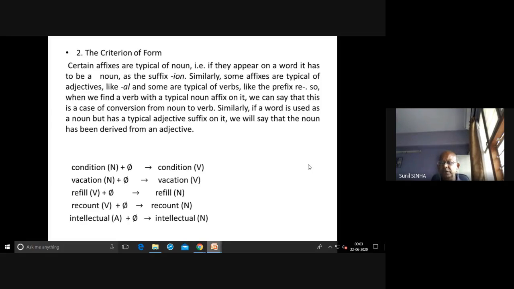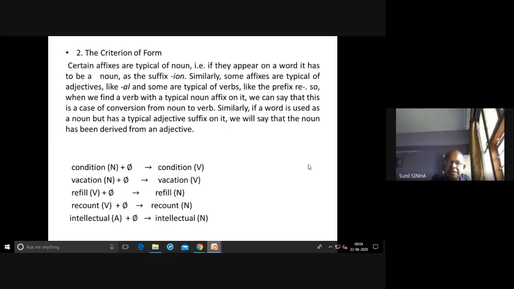And there are so many words. Preparation, right? Preparation, examination. All right. So any word that ends with ION is basically a noun.